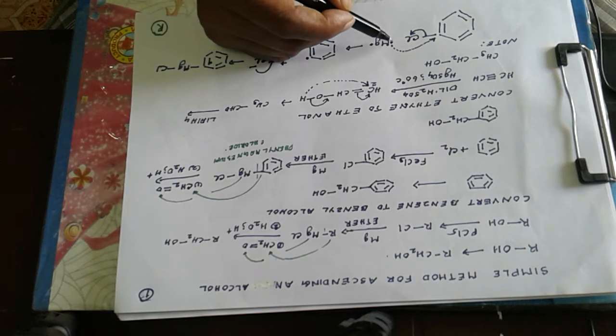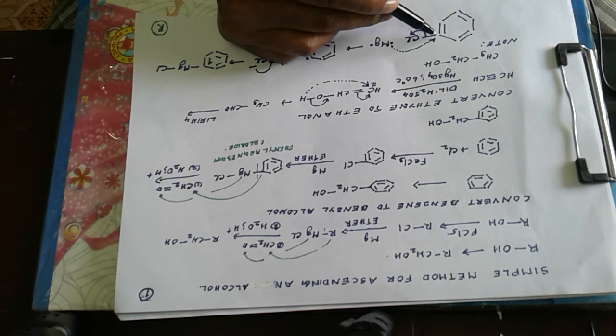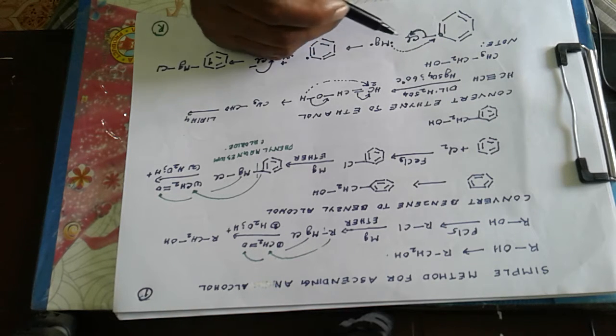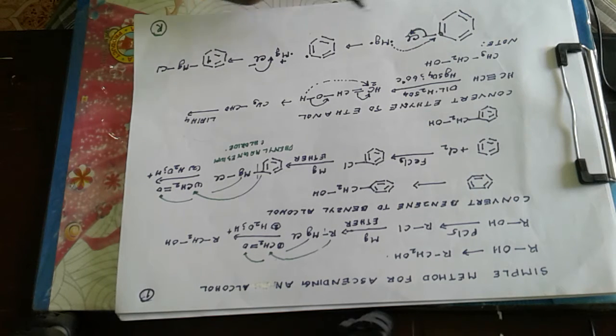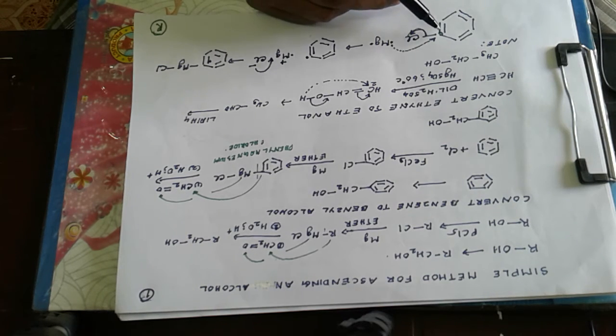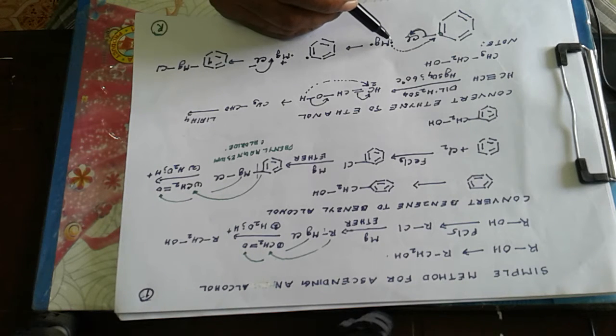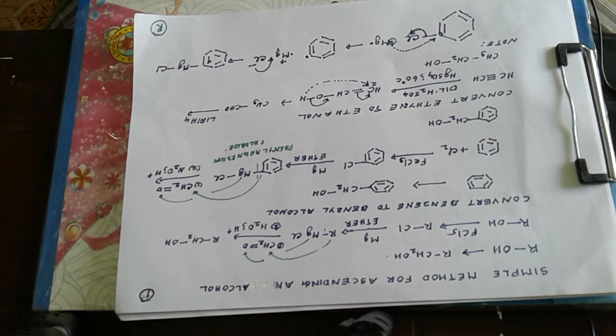Magnesium donates 1 electron to the benzene ring, that is this carbon here, and this chlorine is removed as Cl negative. When chlorine is removed as Cl negative, this carbon should get a positive charge, and that positive charge is neutralized by donating 1 electron from magnesium.